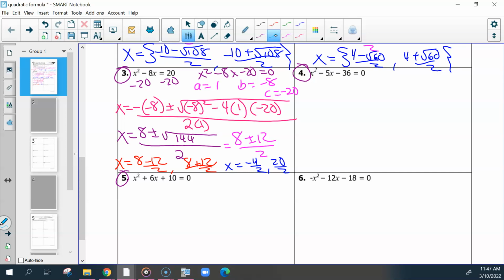I'm going to put this over here. So negative 2 and positive 10 would be our final solutions. So we know for certain that this quadratic would cross the x-axis at negative 2 and 10.